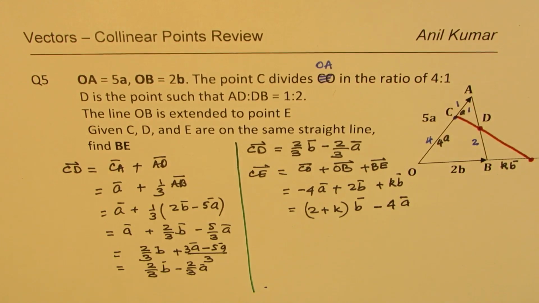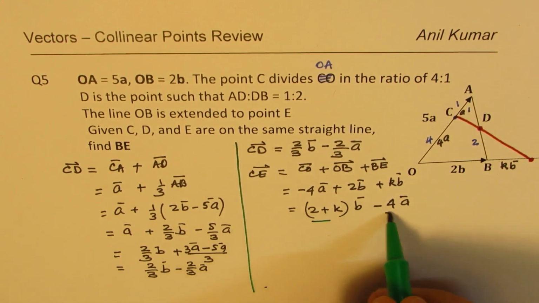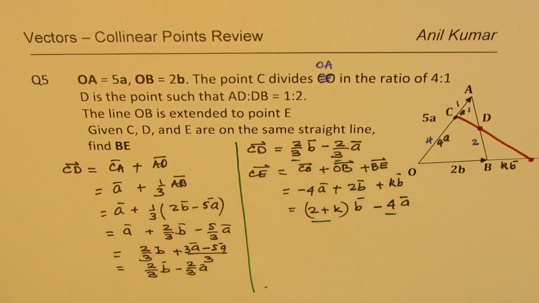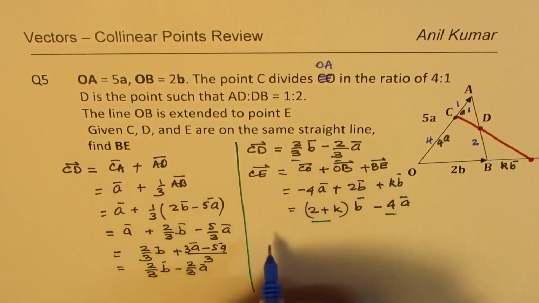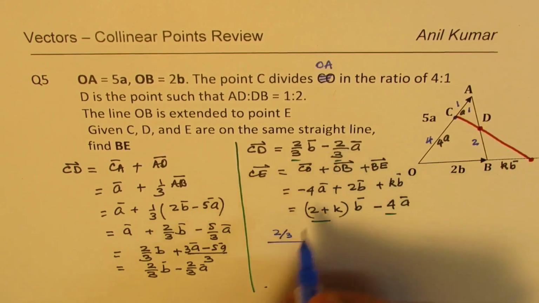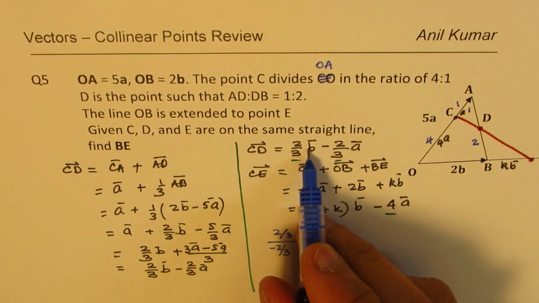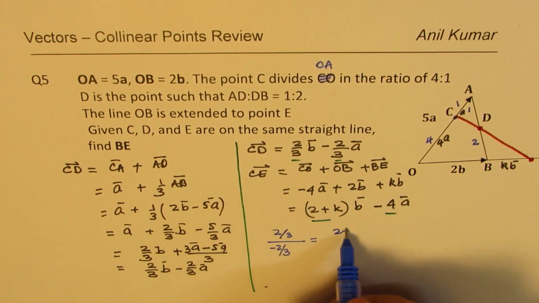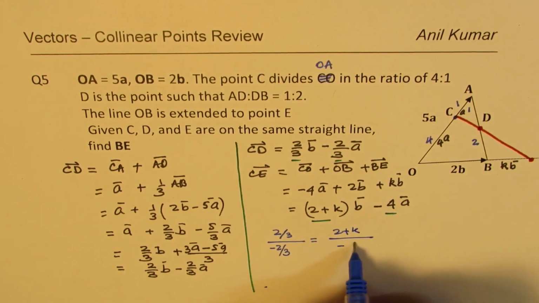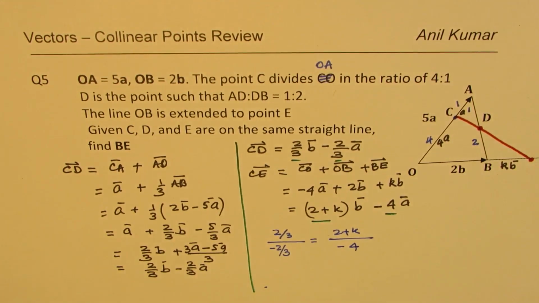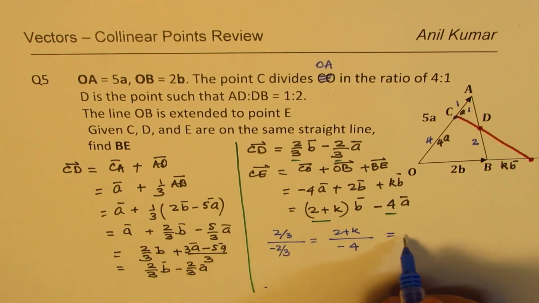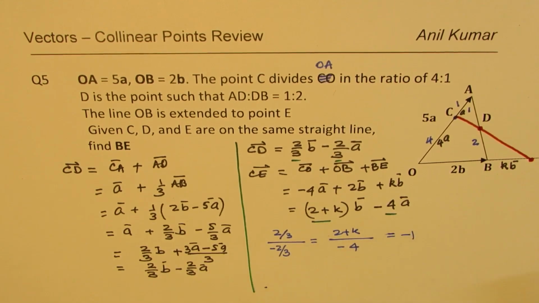Now what did we learn? We learned that these ratios should be the same, perfect? So now let's equate these ratios. We have 2 over 3 over minus 2 over 3 should be equal to, first we wrote for B, right? So 2 plus K over minus 4. Does that make sense? So this gives you minus 1. Now you cross multiply.